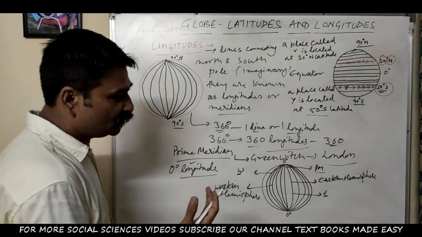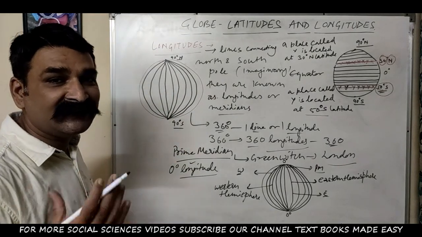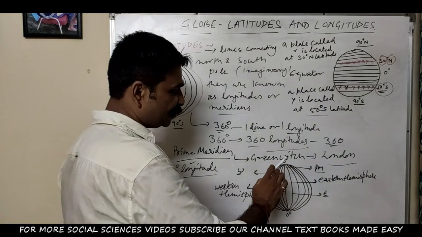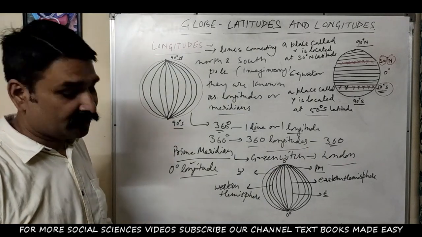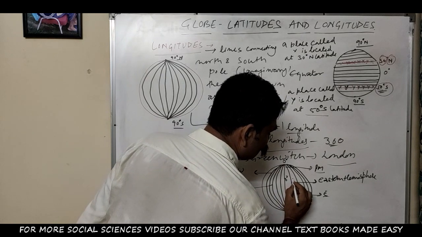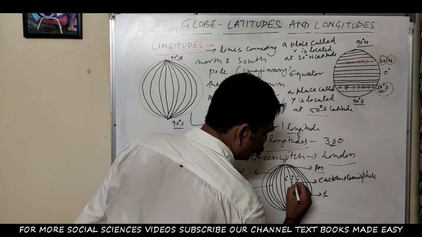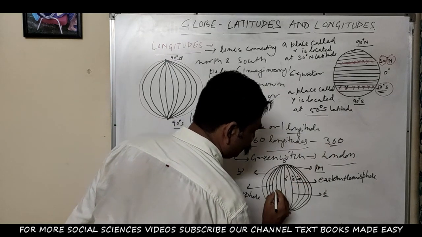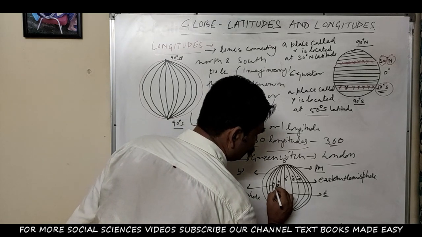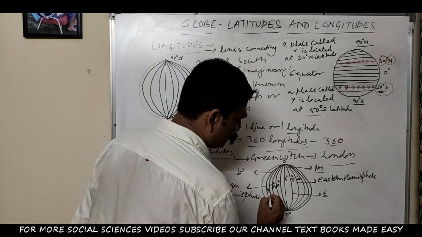So they will have a degree, and they will have E and W with them. E denotes the eastern hemisphere and W denotes the western hemisphere. And the counting will be, suppose this is 0 degree, 1 degree, 2 degree, continuous, and they will have E with them. Here it will be 1 degree W, 2 degree W, 3 degree W.